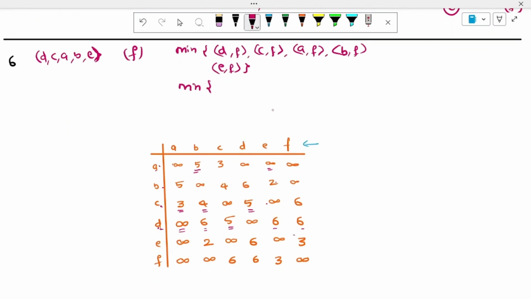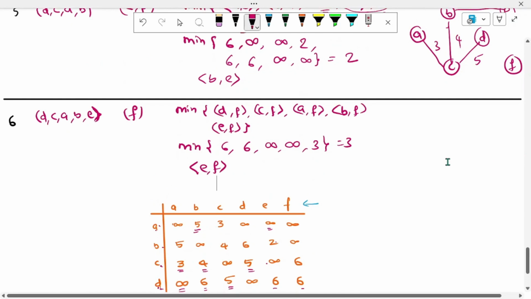DF is 6, CF is again 6, AF is infinite, BF is infinite, and EF is 3. And so if you see this, minimum is 3, so I'm going to consider EF.